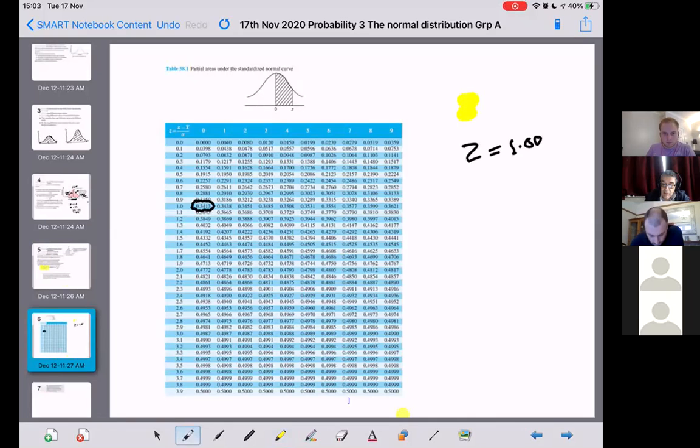And the probability is equal to 0.3413 from the table. So once you've calculated your Z value, all you need to do is come to this table and find the appropriate probability for that Z value.